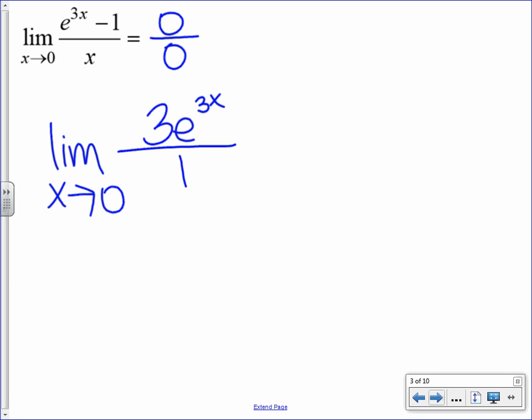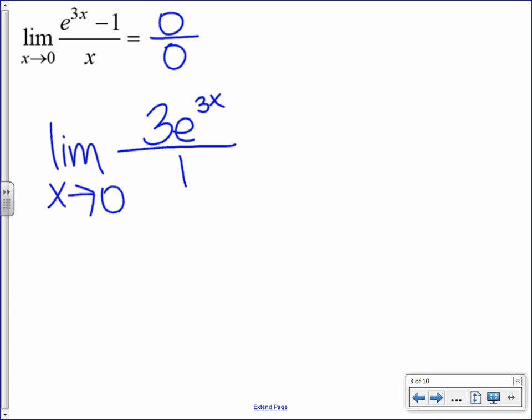Can you just leave it as 3 over 1? We're not taking the derivative of the fraction. We're taking the derivative of the numerator over the derivative of the denominator. This is not the quotient rule.